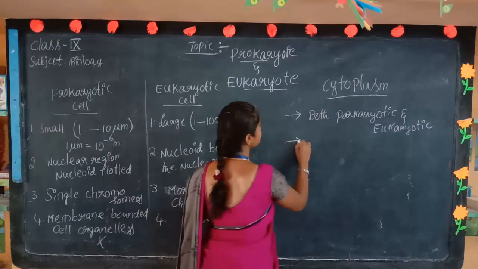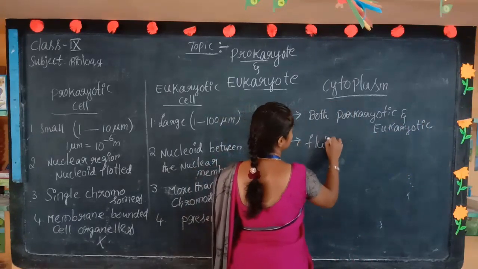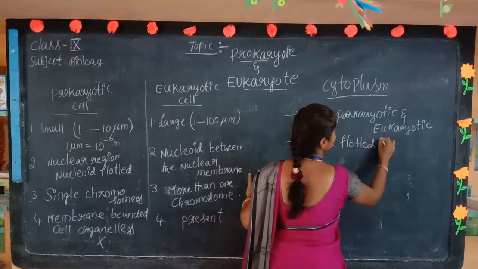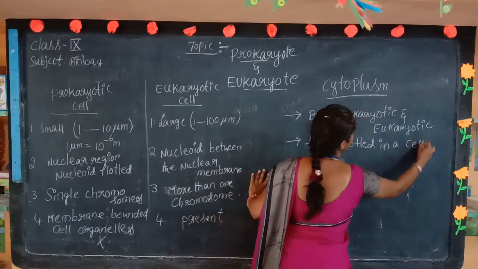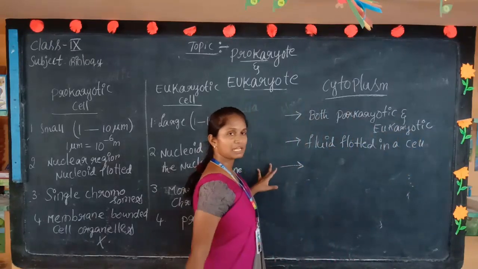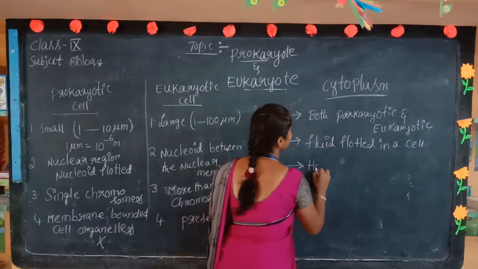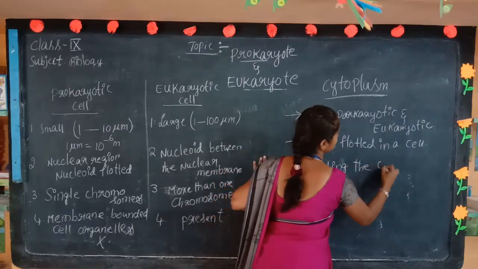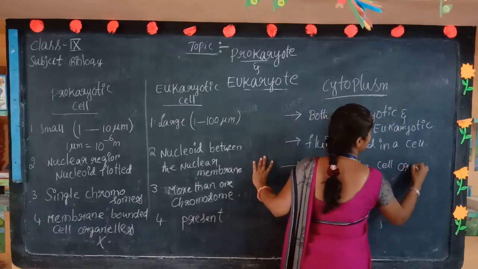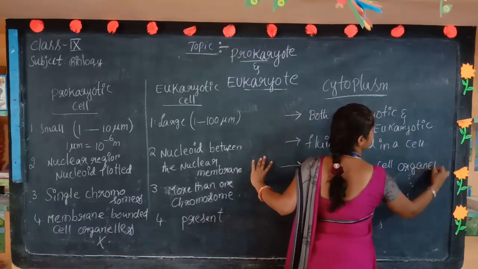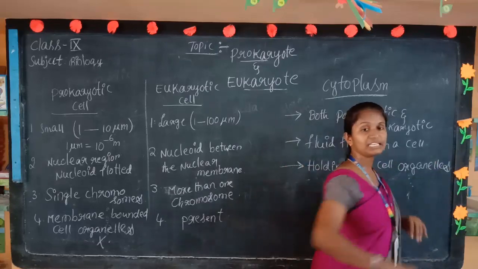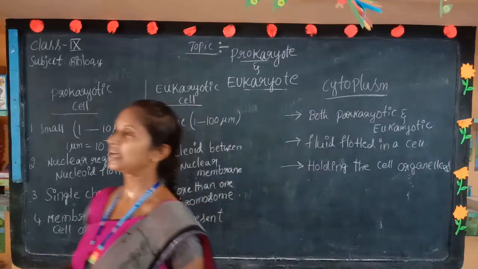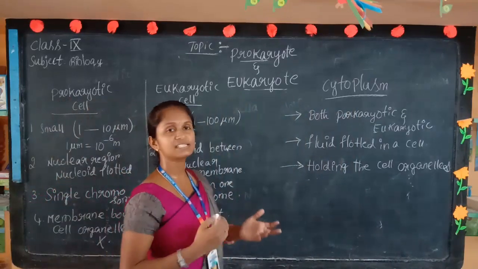This cytoplasm is a fluid floating in a cell. And this cytoplasm has the capacity of holding the cell organelles. It is also helpful for the entry and exit of materials.